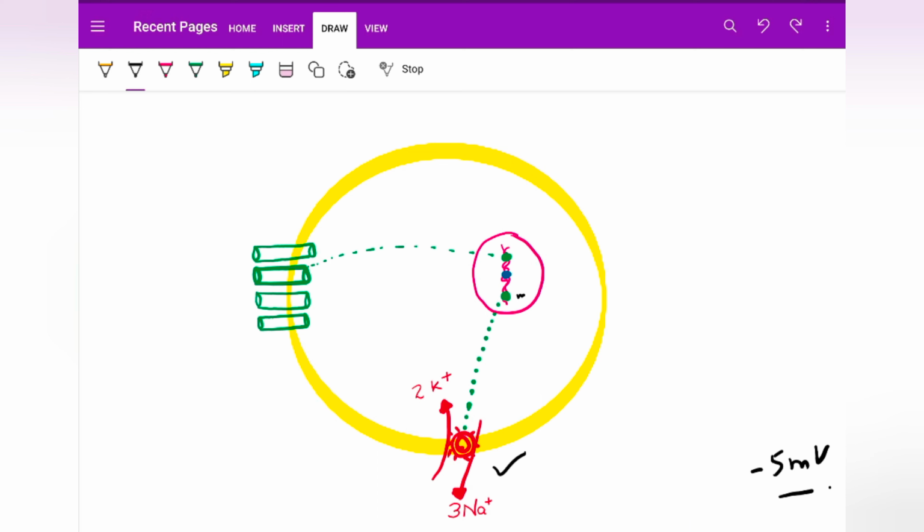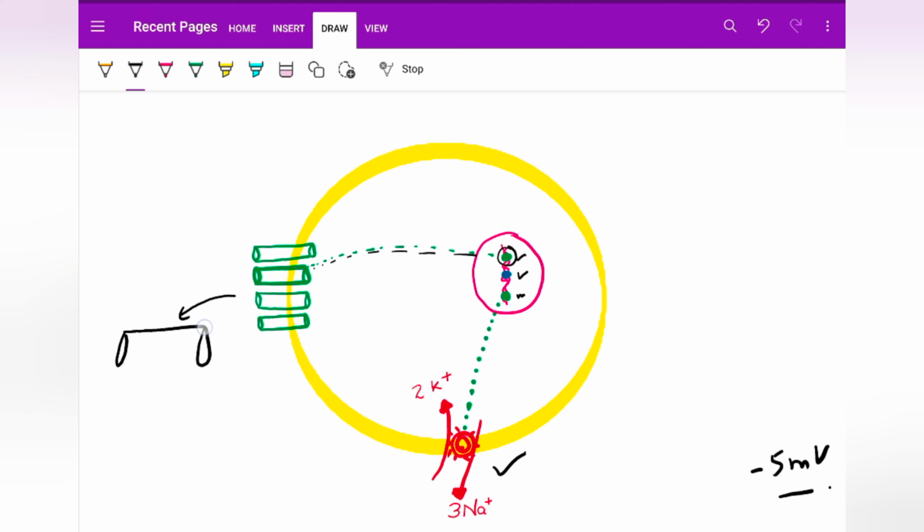Now, let's talk about these two genes which I have drawn over here. Let's suppose this gene over here also expresses and makes proteins. Those proteins also get embedded into the plasma membrane.